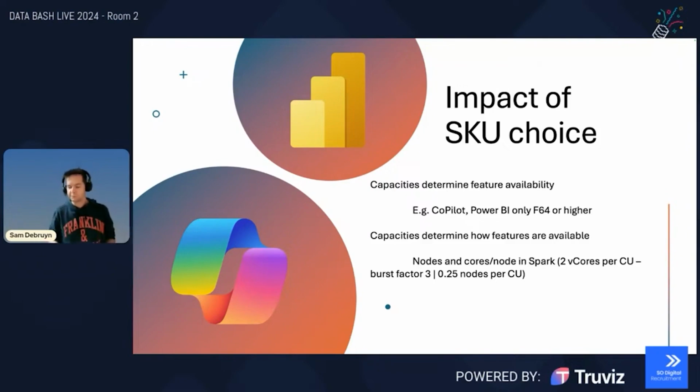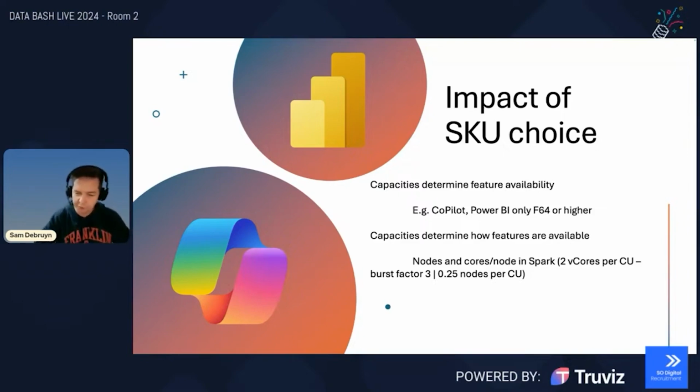For example, for Spark jobs in Fabric, you get 2 vCores per capacity unit. So if you have an F8, that means you have 16 virtual cores that you can use in your Spark clusters. It also means that you will have 4 nodes available, and then you can spread out those 16 cores over 4 nodes or over 2 nodes or over 1 node. That's up to you.